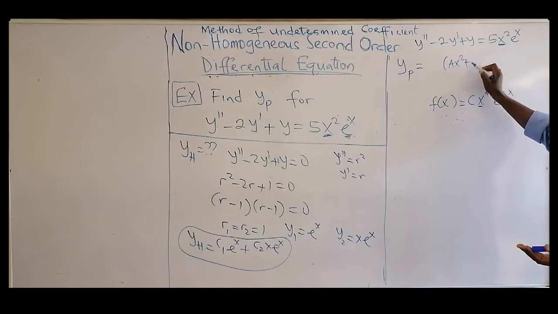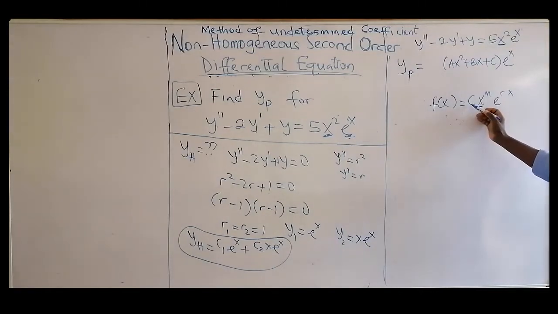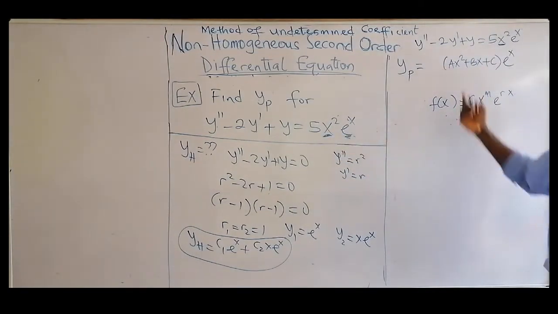You write it in the quadratic form, then you put the exponential e^(rx) there. That's not all. The c is just a constant, and in this case c is 5, so you don't need that in your yp.